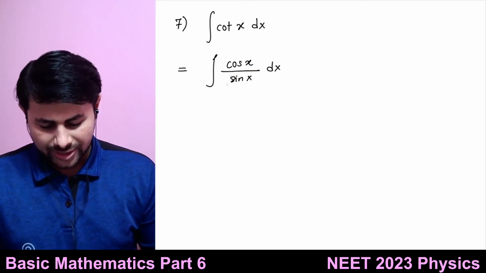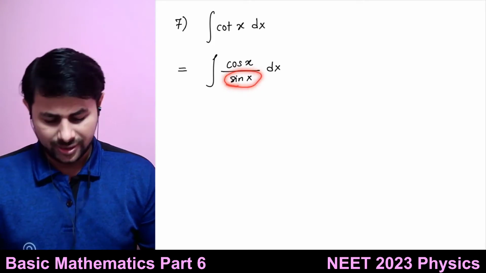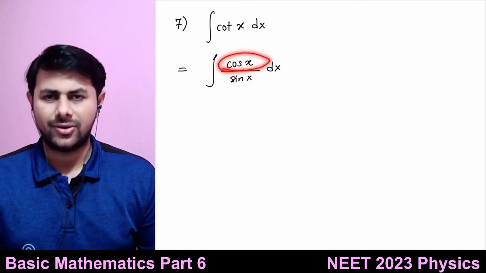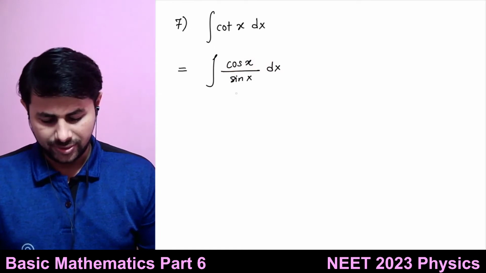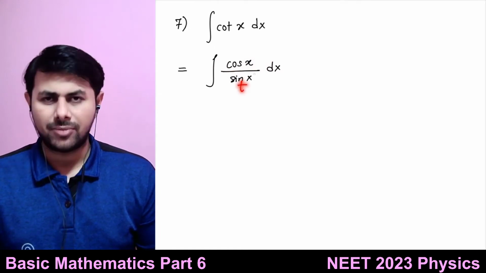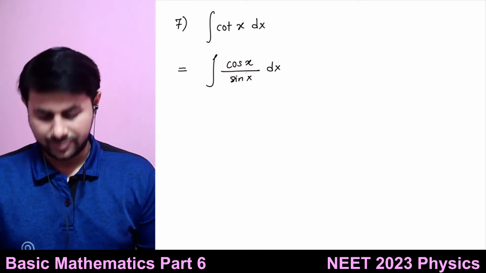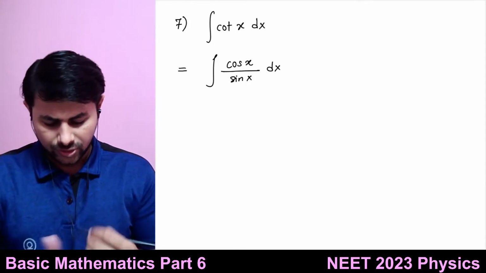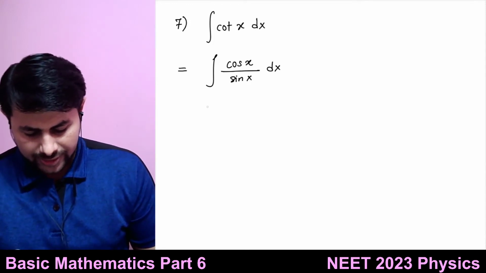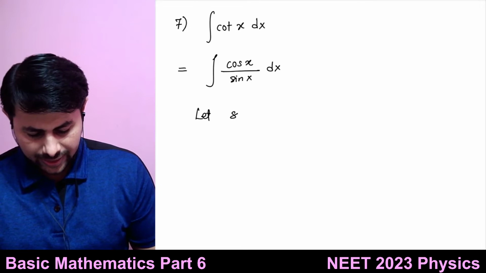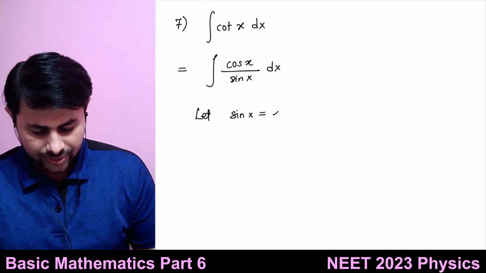Okay, so I will substitute sin x equals to t. So its derivative will be cos x. So I will get t in denominator and dt in the numerator. Right? So I will substitute. I will say let sin x equals to t.